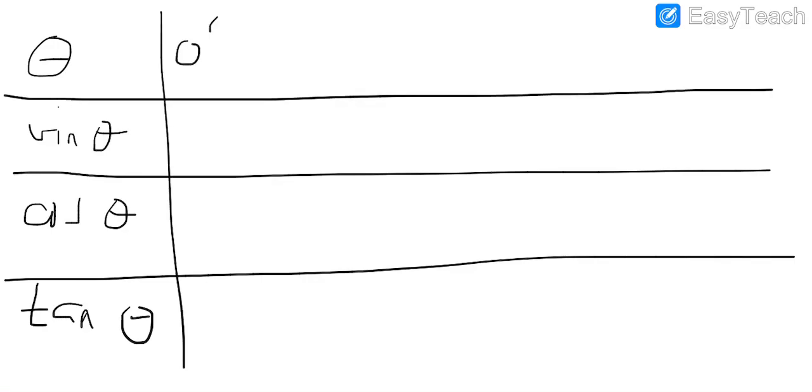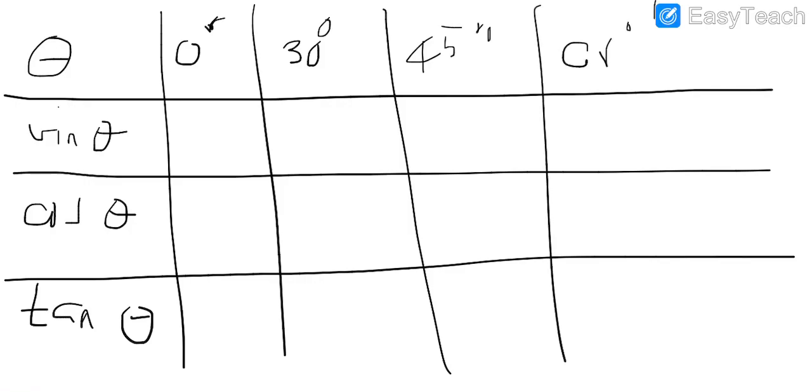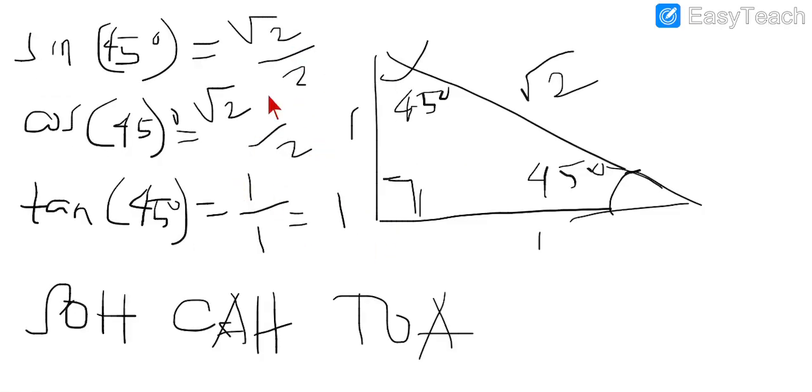We have 0 degrees, 30 degrees, 45 degrees, 60 degrees, and 90 degrees. No? So, we plot all their corresponding values, which are what we used and solved earlier.